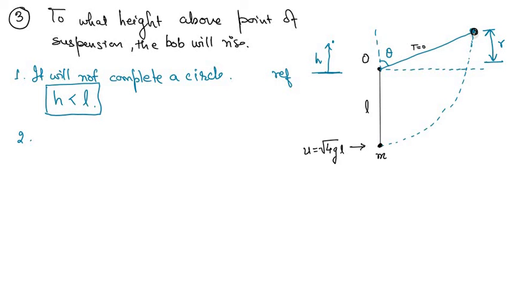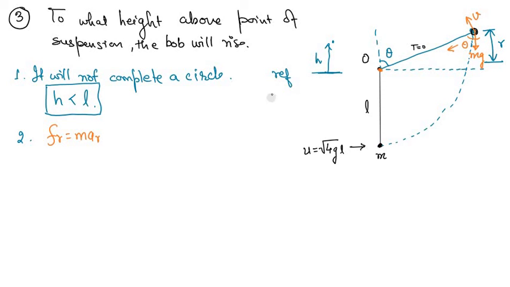Let's write the radial equation of motion at this point. Your mg will be acting in the downward direction. It will have some instantaneous velocity v in this direction because of the circular motion, because the instantaneous tension is zero, not the velocity. So your mg will be in this direction, and this will also make an angle theta. So your radial equation F_r is equal to m a_r. F_r will be mg cos theta, because that is toward the center of the circle.